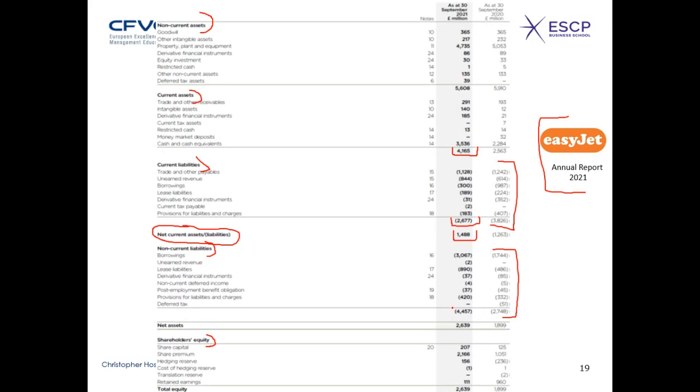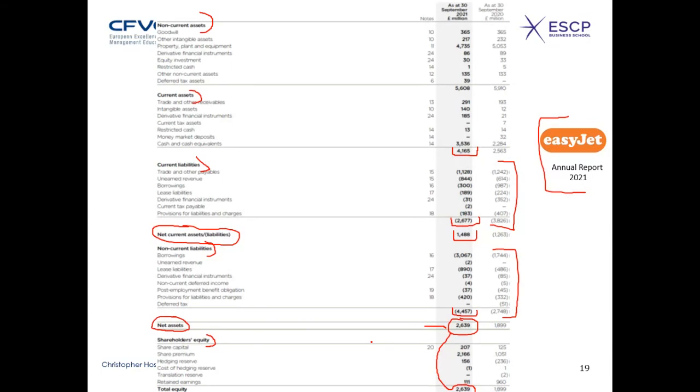And then they're deducting also non-current liabilities to calculate something that they call net assets. You see, net assets. Well, an item we don't see in the Air France balance sheet. And we see net assets is 2.6 billion here. We see also that this amount corresponds to total equity, which is also 2.6 billion.